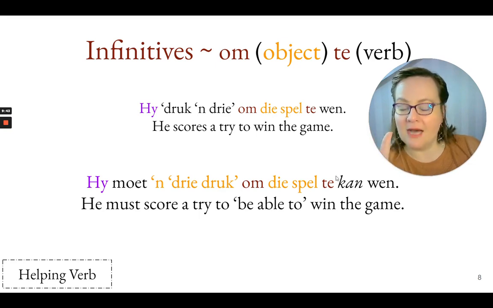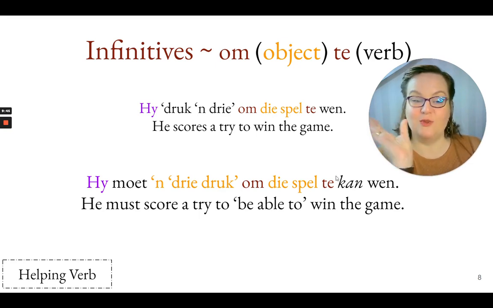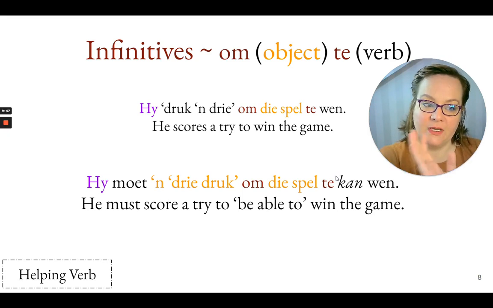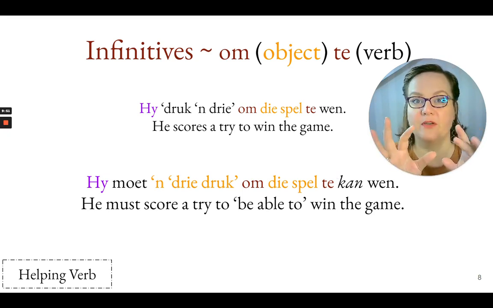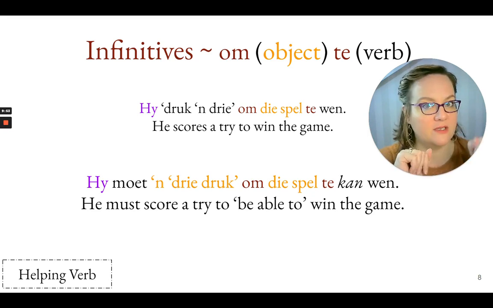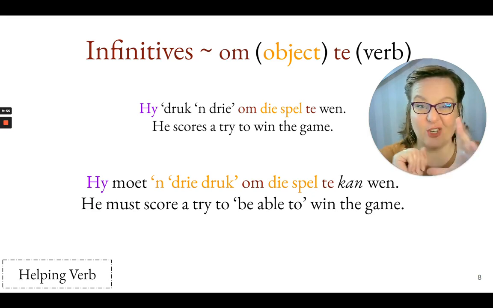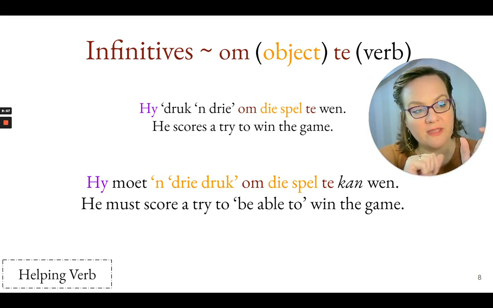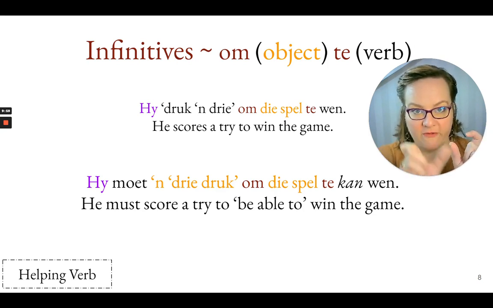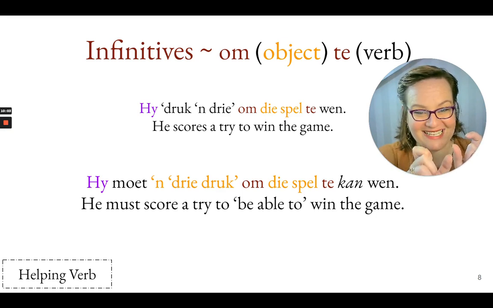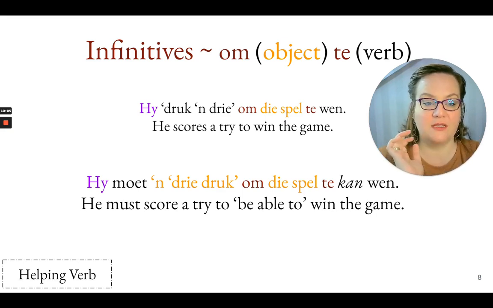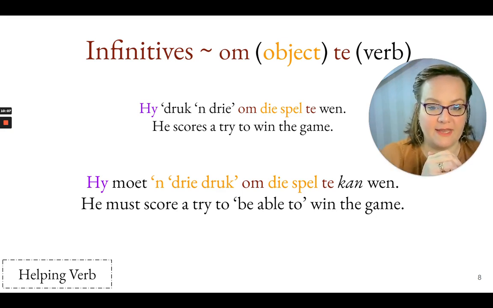So he must score a try to be able to win the game. So this is the main rule for the helping verbs. When you're moving them to the end of the sentence, when you're having conjunctions as well, you're moving them to just before the main verb of that sentence. Okay, so hy moet 'n 3 druk om die spel te kan wen. Good.